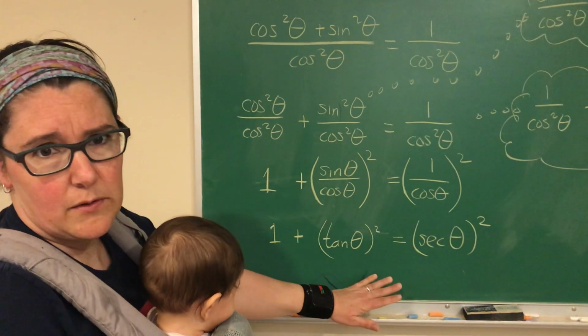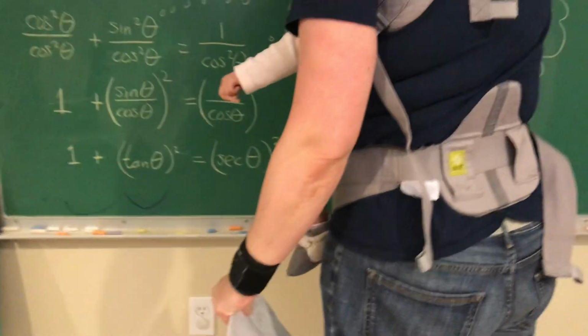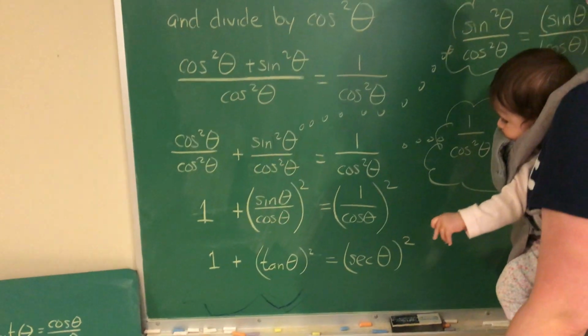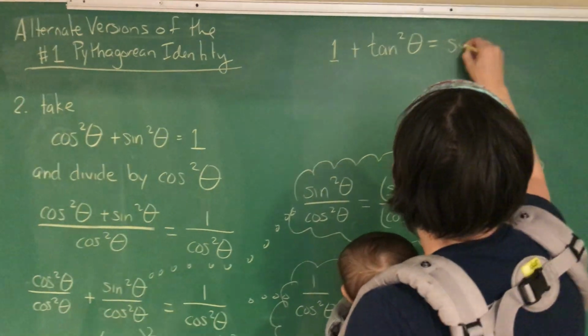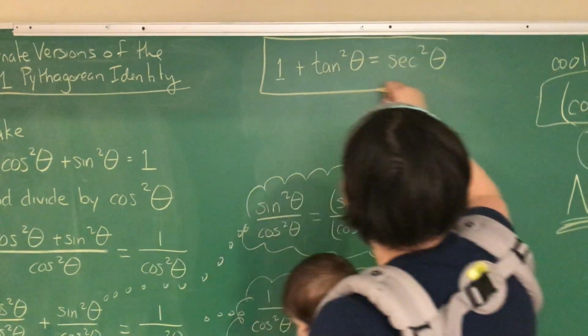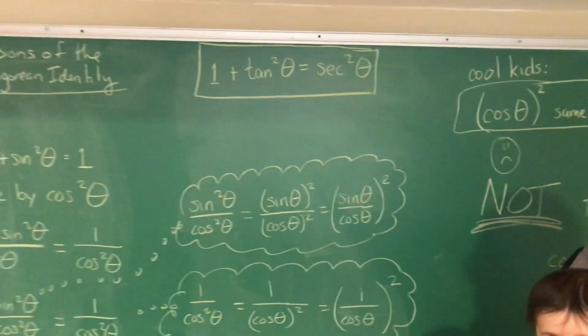Now, we're not quite done because it's not written as the cool kids would write it. So I'm going to write it in one final form up here, which is 1 plus tangent squared theta is equal to secant squared theta. So this is our second Pythagorean identity.